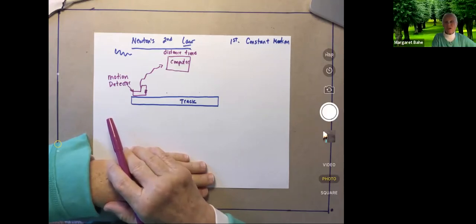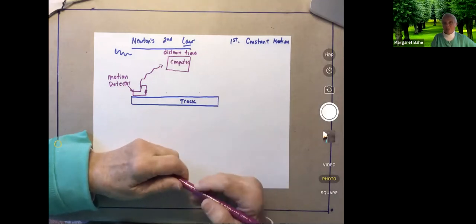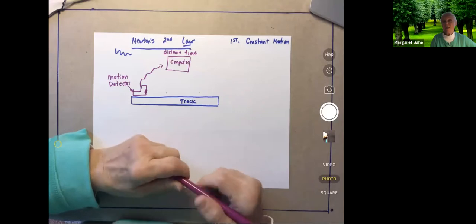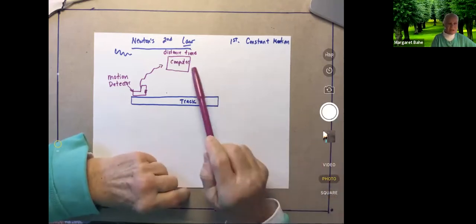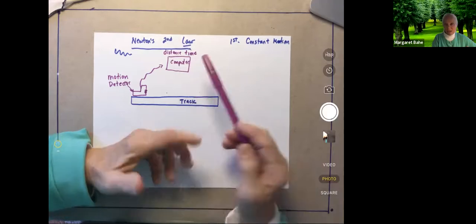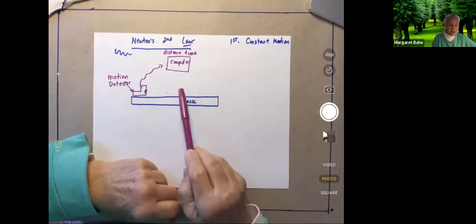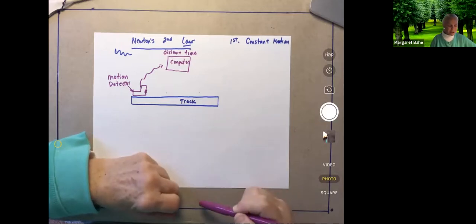Okay, so if we're just looking at the units, we're really looking at the change in velocity every second. So how quickly is the velocity changing? So if the computer has information about distance and time, it's going to be able to calculate velocity at various spots, and therefore we're also going to be able to get at acceleration.